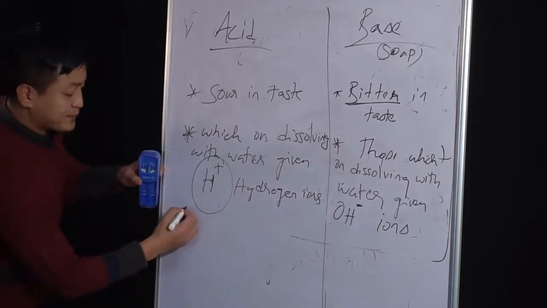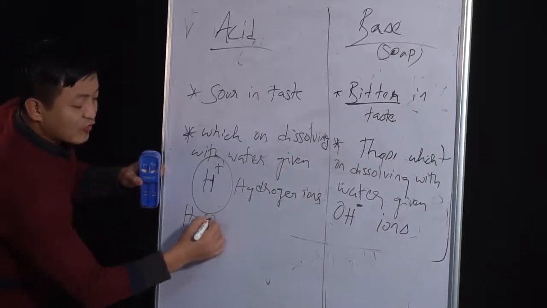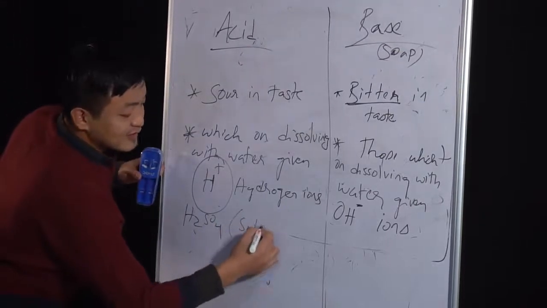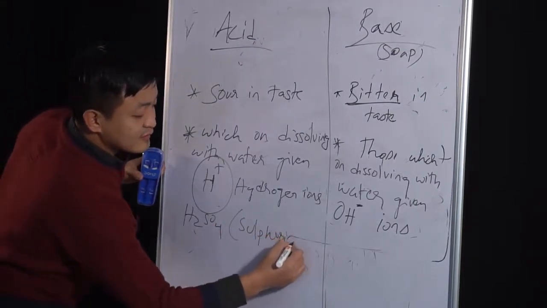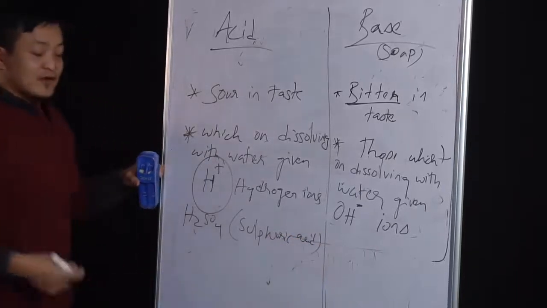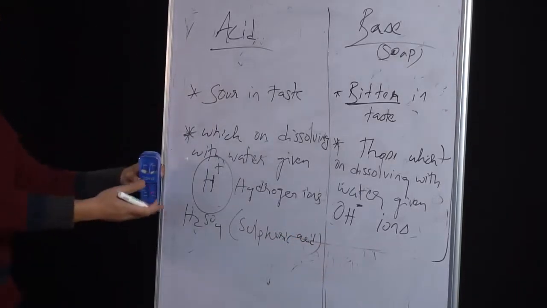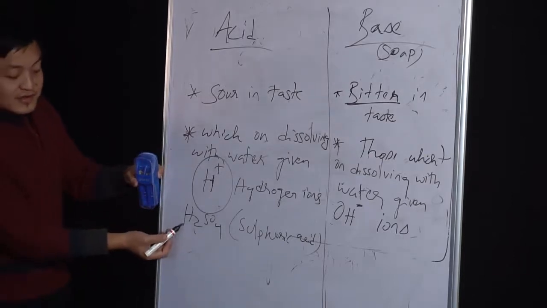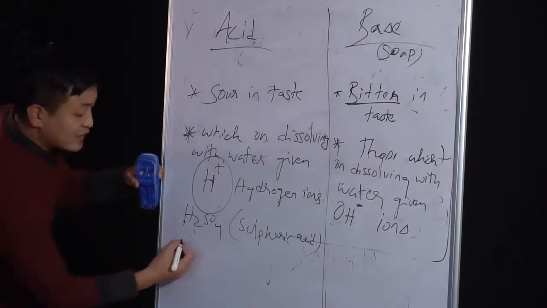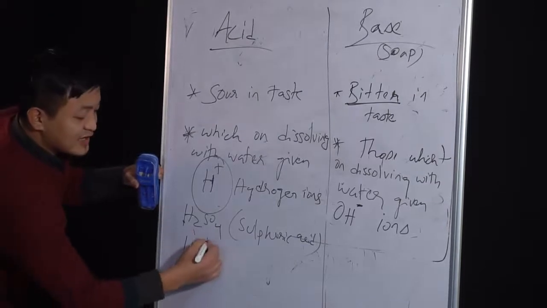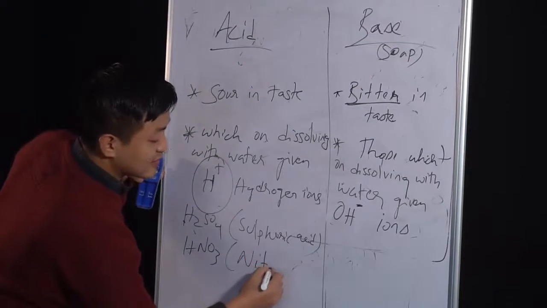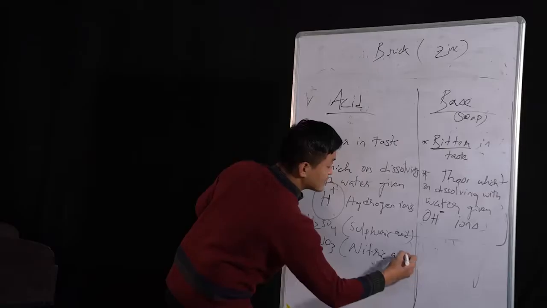Let's say H2SO4. That is sulfuric acid. From the name itself, we know that it's sulfuric acid. So what we get to see here is H. Now let's take the example of HNO3. That's nitric acid.